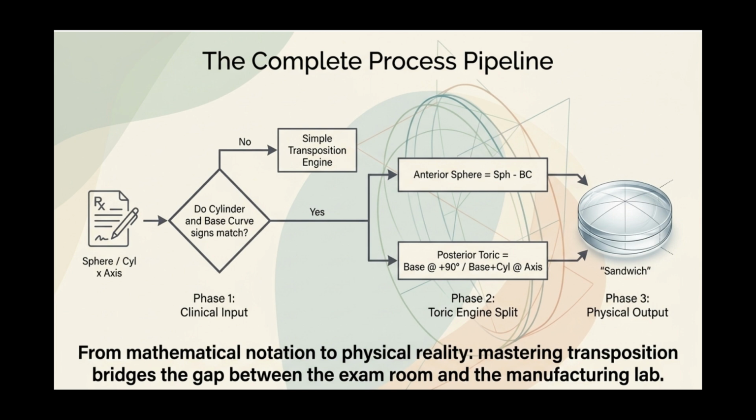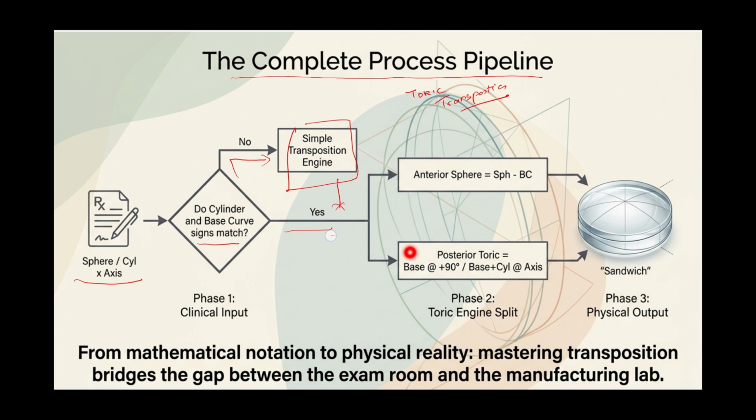So I'll finally give a complete process pipeline of our toric transposition. Okay, so what is the process of doing a toric transposition? We have the prescription, we do an analysis of sign matching. If the sign matches, then we proceed. If they don't match, then we do a simple transposition to make them match.